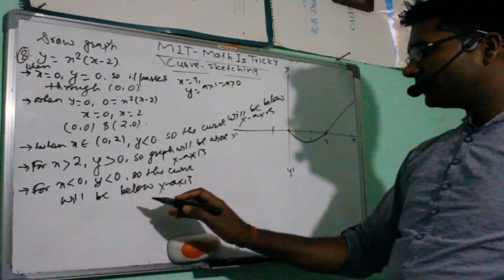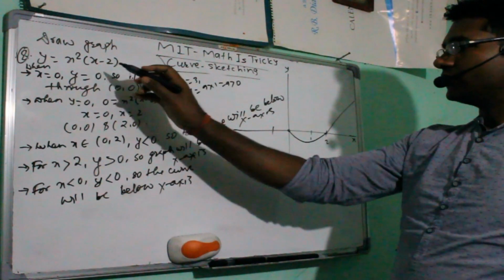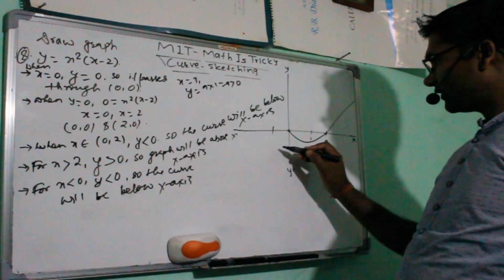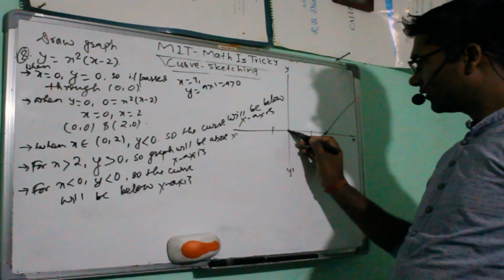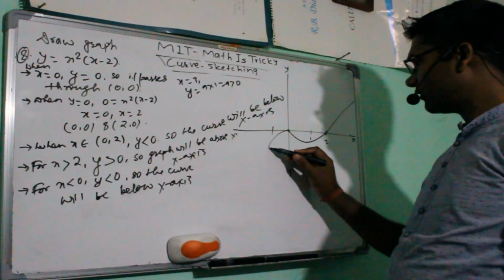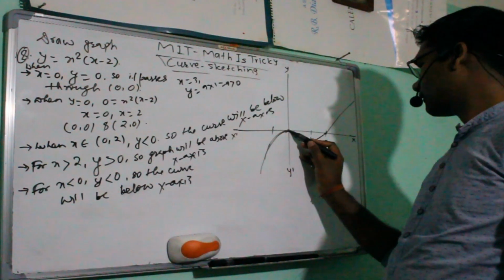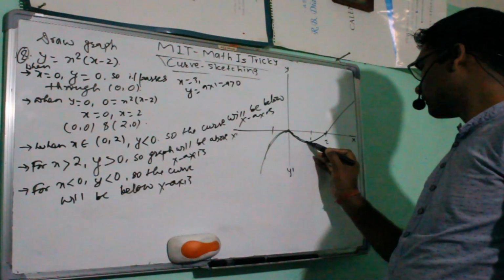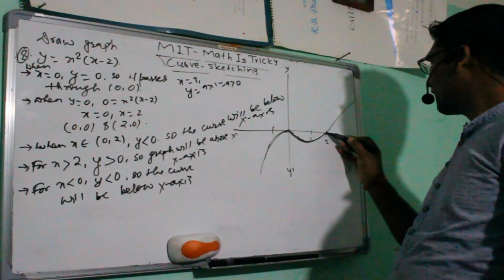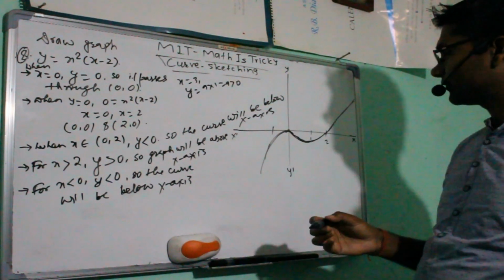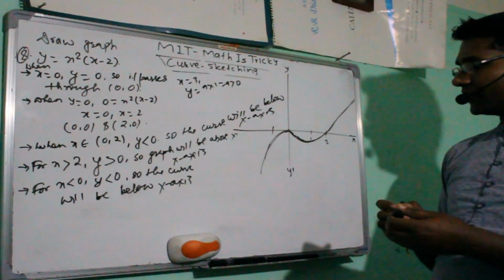For minus 1 it is giving 1 times minus 3, so it is going to be down. So for negative x it will go like this. This curve is coming and going up. This is the required graph.